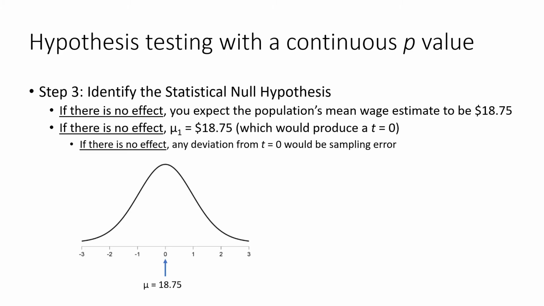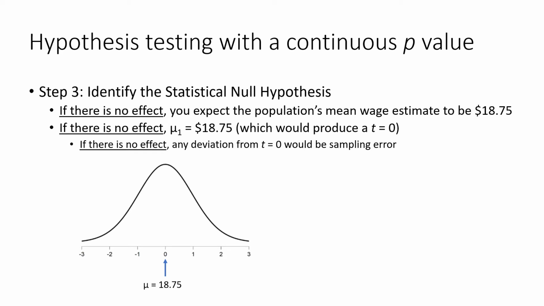The third step is to formally identify the statistical null hypothesis. So again, the null hypothesis is always based on the idea that there is no effect. So in this case, if there is no effect of over optimism or overestimation of wage, you would expect the population's mean wage estimate to be exactly $18.75 an hour.